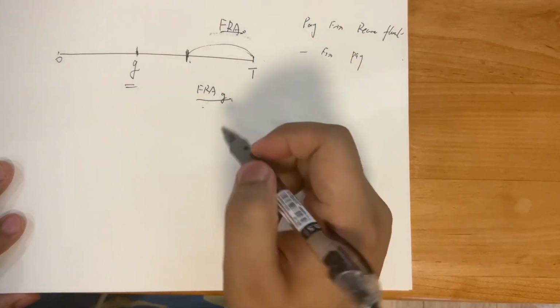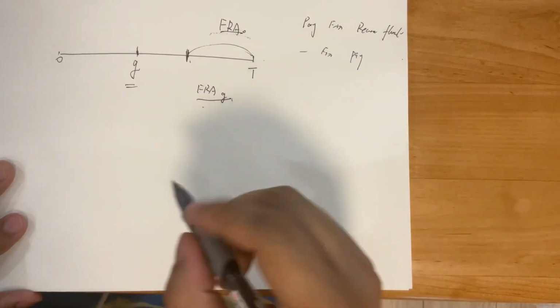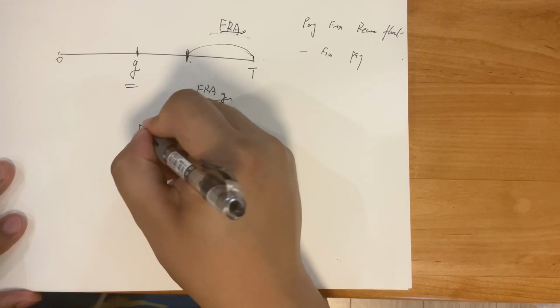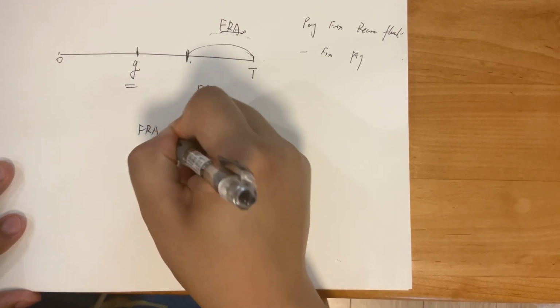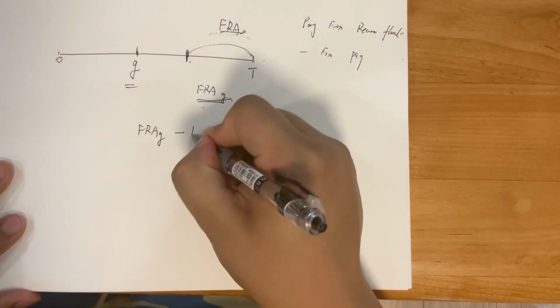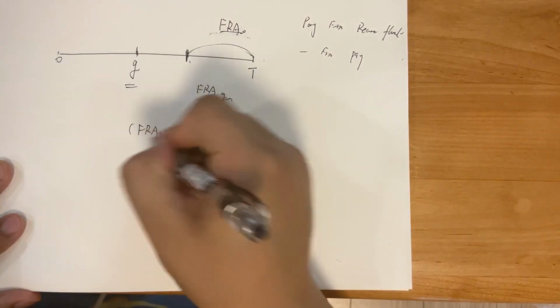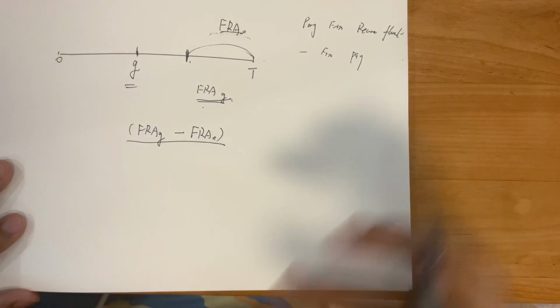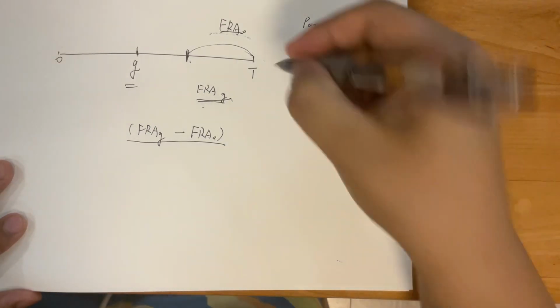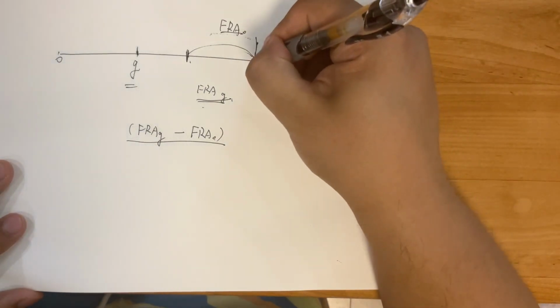And with this offset, you enter this FRA at time G, and you cancel the FRA at time zero, and all these are a difference of FRAs because they settle in arrears.